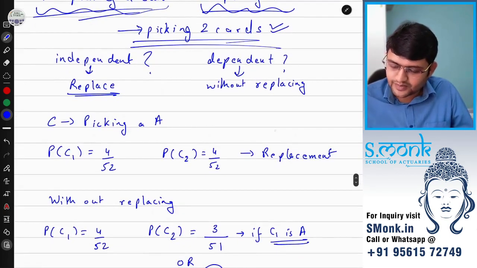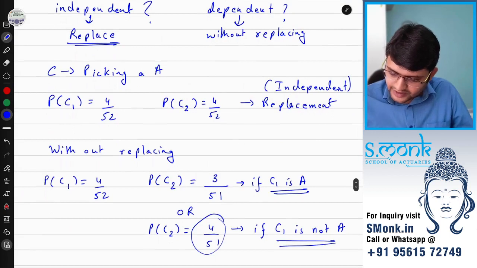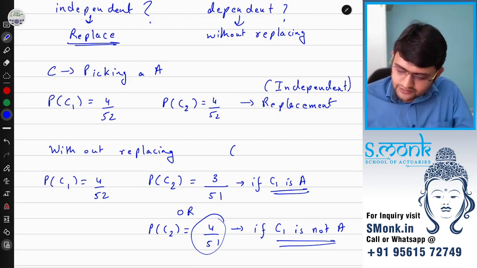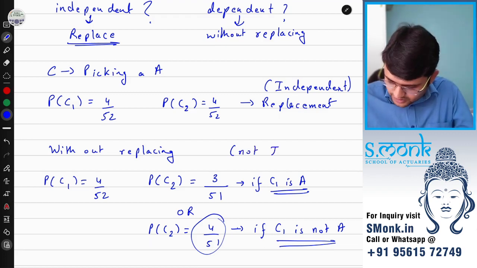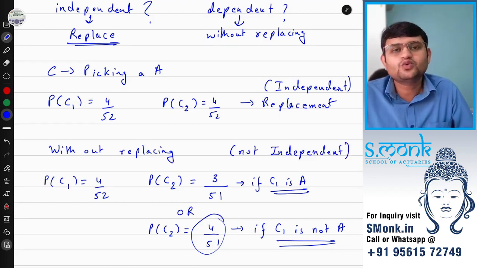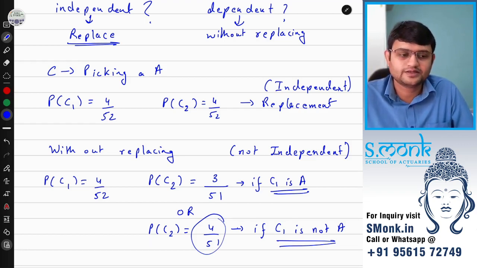So when replacement happens, they are independent. When replacement does not happen, then they are dependent. Technically, we never call any two things dependent on each other. We call them not independent, because mathematically you can prove independence, but you cannot prove dependence mathematically.